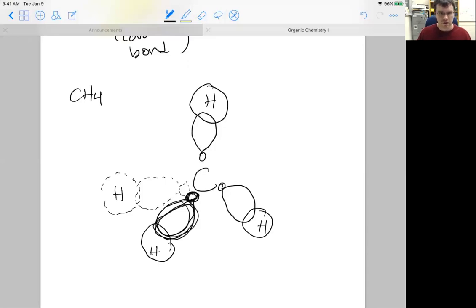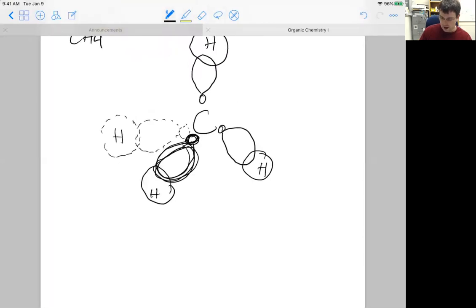Now, something kind of fun emerges when we look at overlapping 2 carbon atoms' hybrid orbitals together. So let's make a CC bond. Now, it turns out that CC bonds can form in a few ways. We can have CC single bonds, double bonds, and triple bonds. And in every case, we're going to involve hybrid orbitals. But let's start with the simplest case.